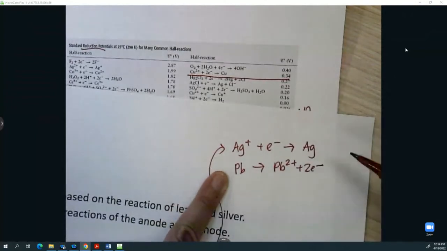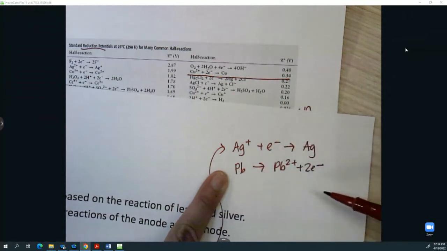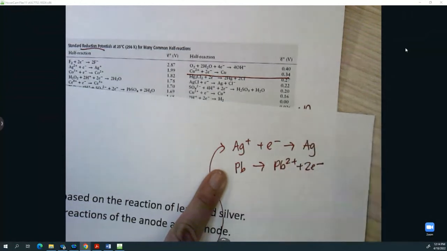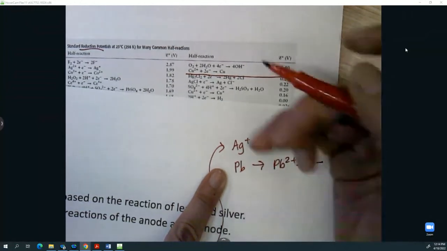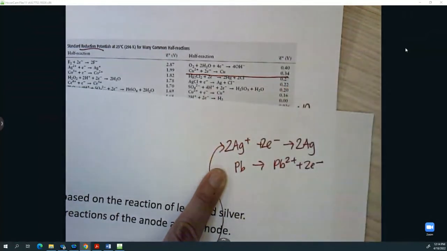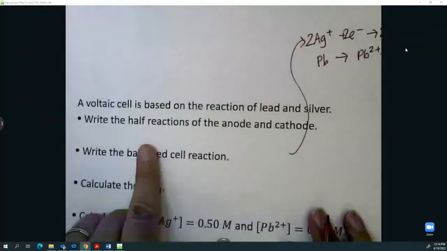Like we were doing earlier, I can't balance anything that's not oxygen or hydrogen, and we don't have any oxygen or hydrogen. I need to make the electrons cancel, so I still need to do that here. And that's my answer for the first part.